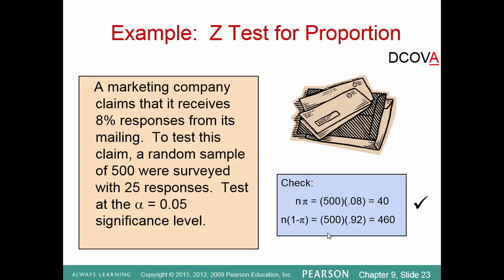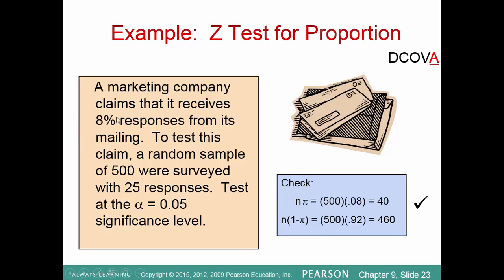A marketing company claims that it receives 8% responses from its mailing. To test this claim, a random sample of 500 were surveyed with 25 responses. So 25 out of 500 is the proportion that responded, right? That's the sample proportion. The population proportion that's claimed is 8%.